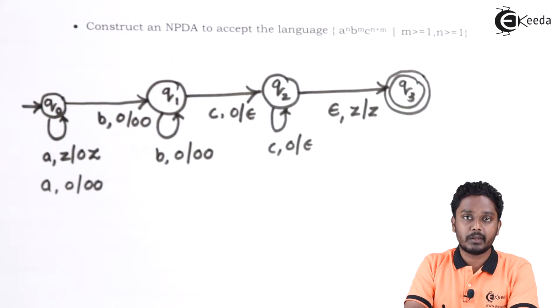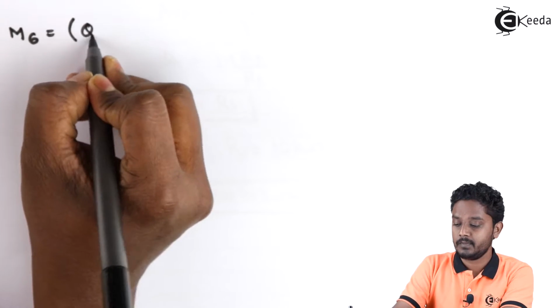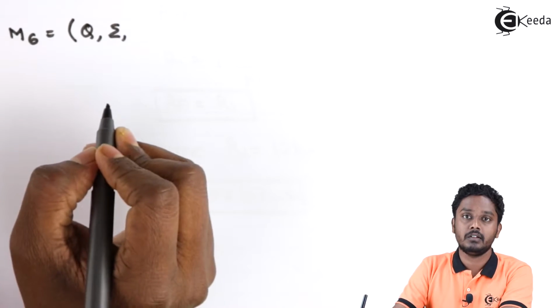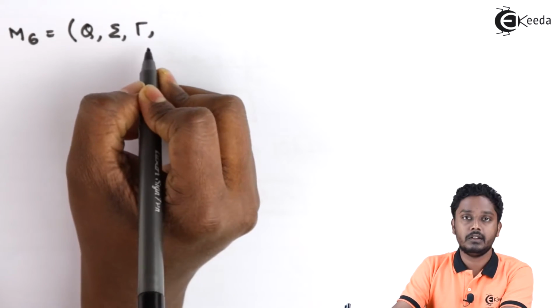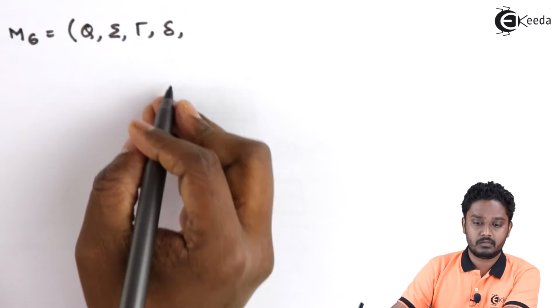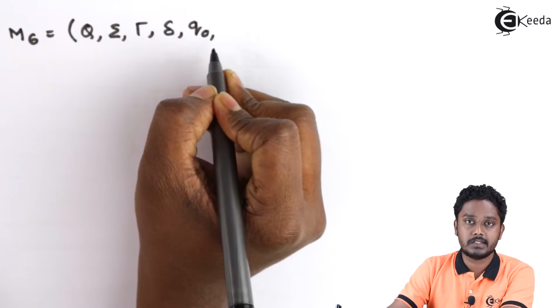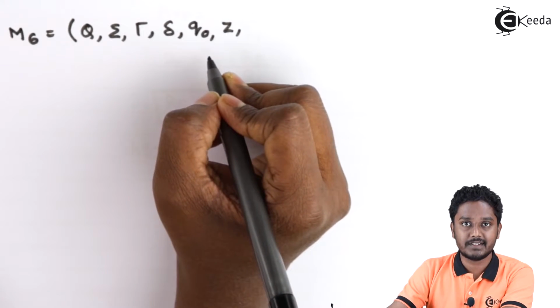Now let us see the mathematical definition of this machine. Let us say the machine is M6. M6 will have Q, the set of states, sigma, that is the alphabet set, tau, the stack alphabet, delta, the transition function, Q0, that is the initial state, Z, the initial stack symbol, and F, the final state.